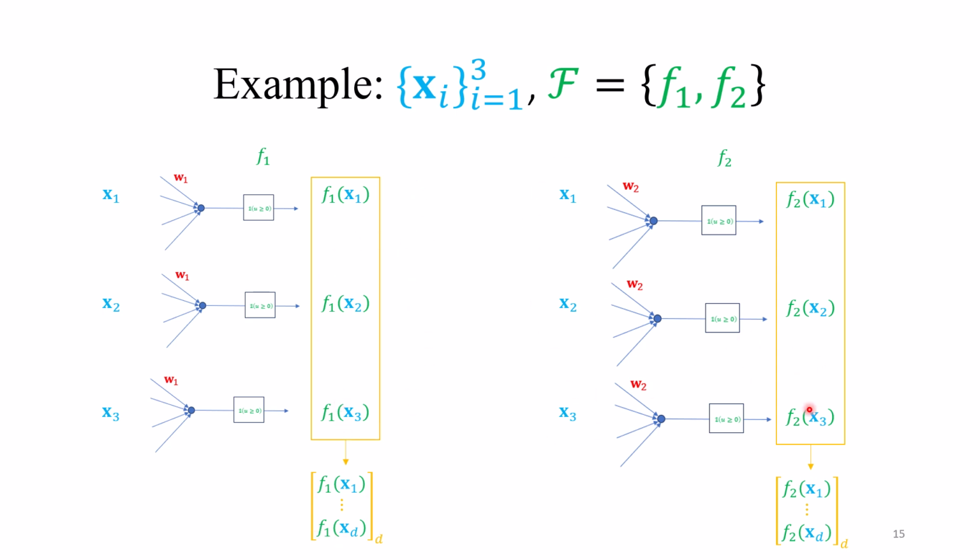So each distinct vector is considered an outcome in this context. In this case, if these two vectors are different, then the number of distinct outcomes I can expect from F for this set X is 2.